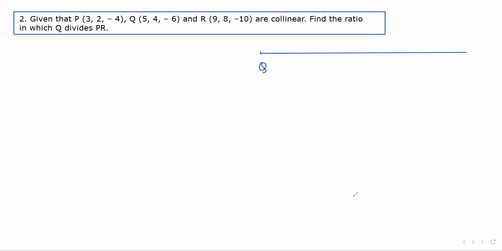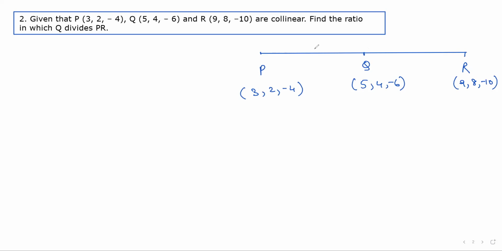So Q can be considered as internal division, and then we can go from there. P is given as (3, 2, -4), Q is given as (5, 4, -6), and R is (9, 8, -10).